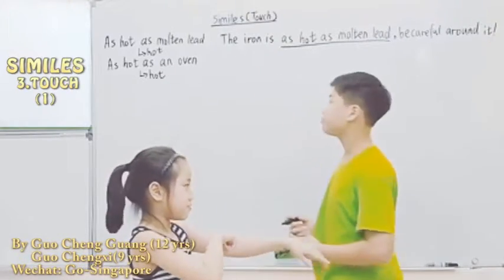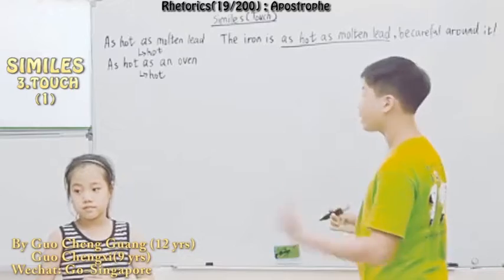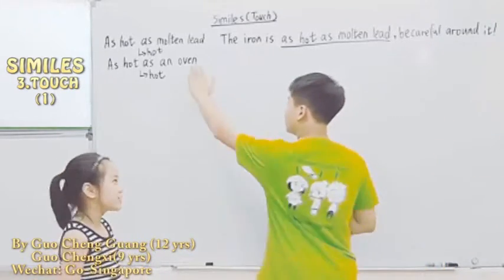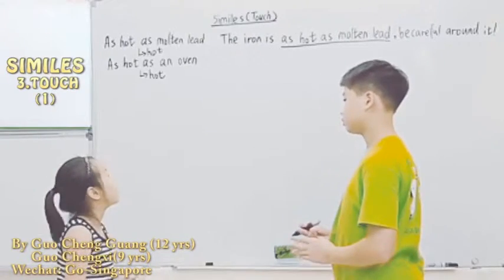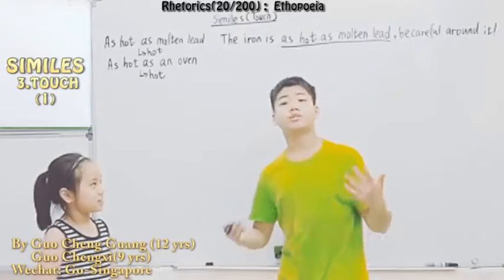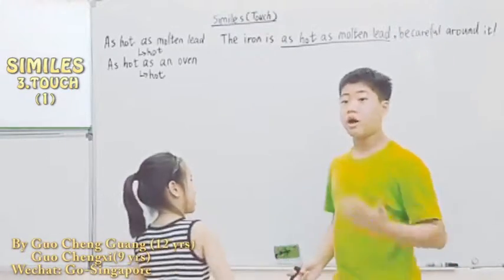Oven, you use it to cook food, but you should not confuse it with a microwave. A microwave is just used for microwaving the food. But you can say the microwave is as hot as an oven, though a microwave is not that hot.